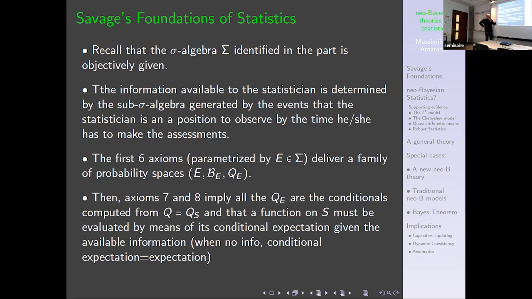They imply, if you work them out, that all these conditionals have to be computed from one measure on your space, and that you have to evaluate functions by means of their conditional expectations on the sub-algebra. So this is exactly the rules of probability theory. The rules that you have to follow are precisely the rules of probability. This is how you map the problem of determining those procedures into probability.